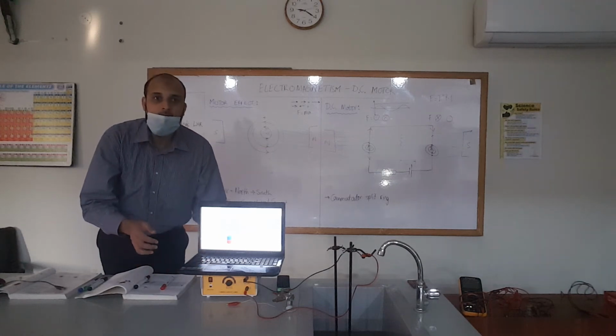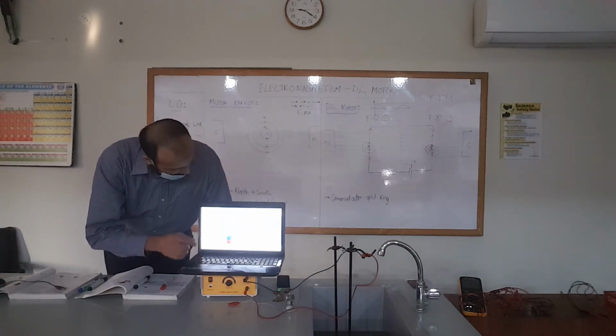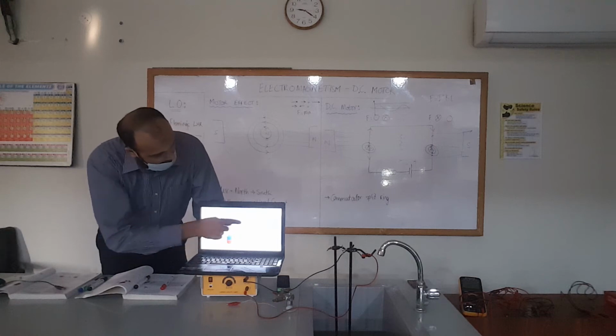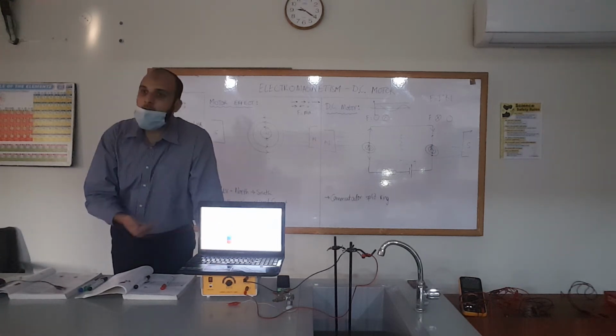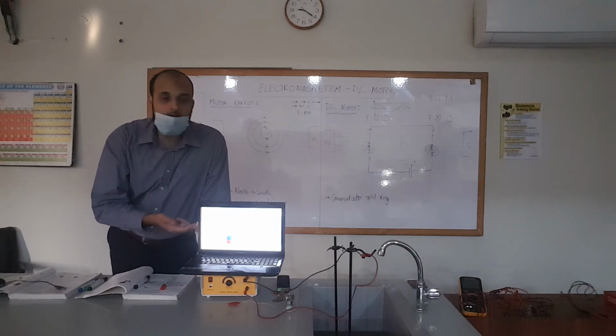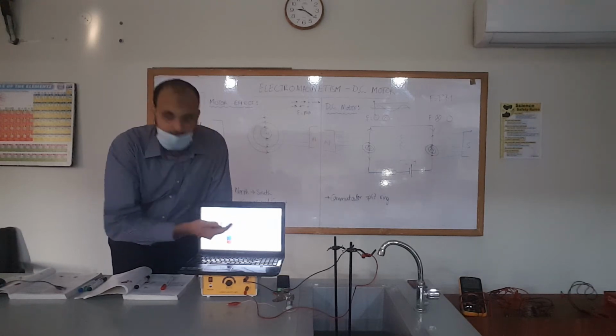Is it clear? Right? So you've got the same scenario happening, and the blue part represents the positive end, the red part represents the negative end, the negative terminal in this case.